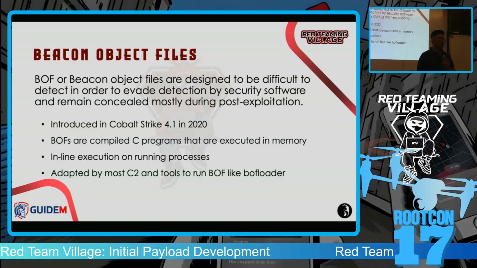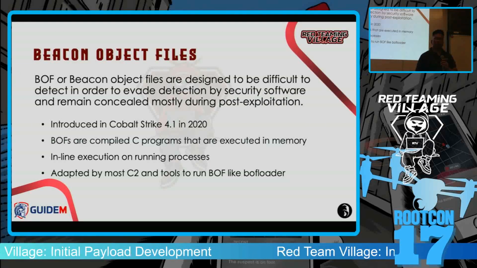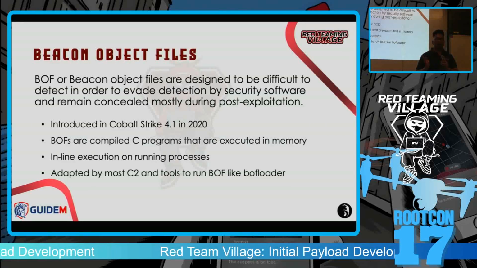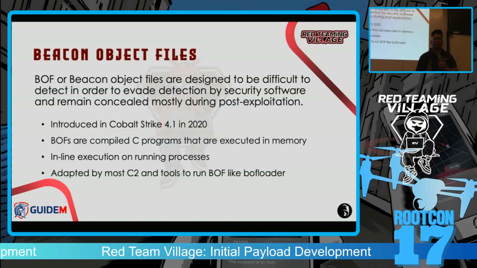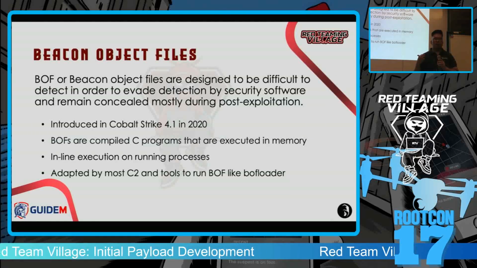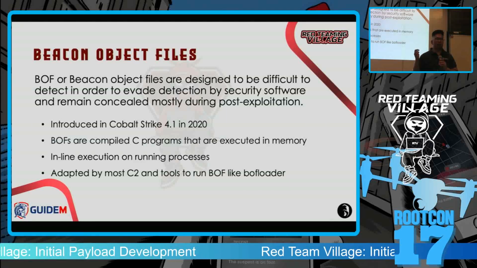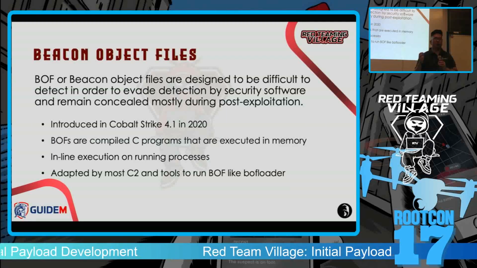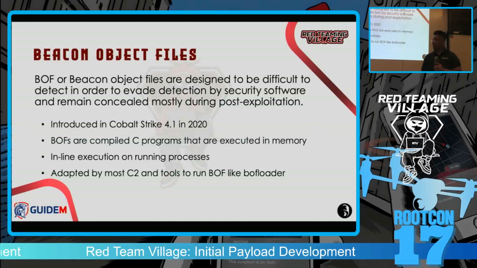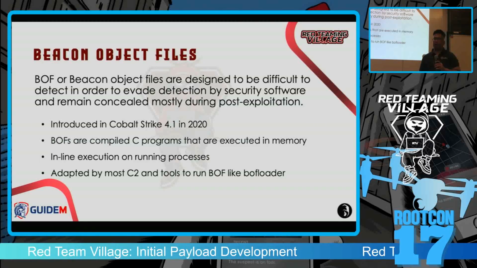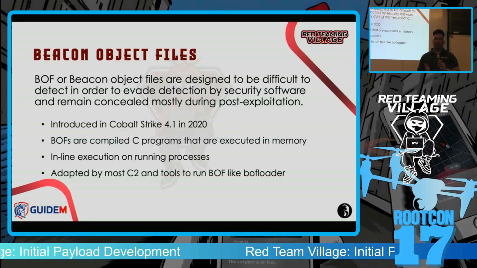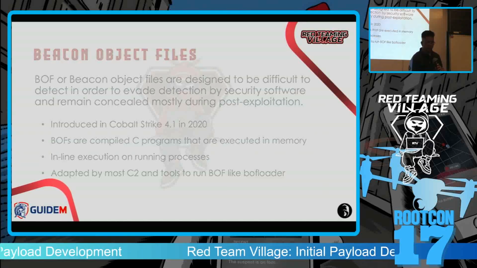Last year, however, I think 6 months ago, there were improvements that trigger in-memory scanning when you execute beacon object files, but mostly this is still not detected, though not 100%. So when you execute something like this in your operations, instead of using shell access, use beacon object files.